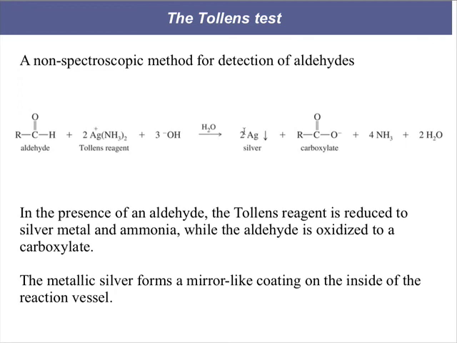In the presence of the aldehyde, you end up with metallic silver that will cling to the bottom of your reaction vessel and make a mirror-like coating inside the reaction vessel. Now, this is a destructive method. Remember, I talked about how many of these chemical methods for detection of functional groups are destructive.